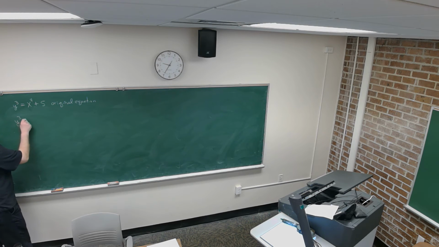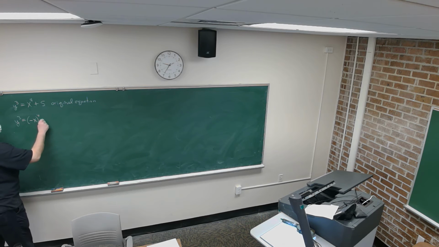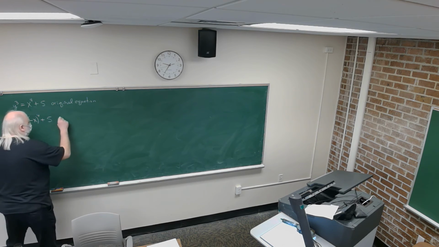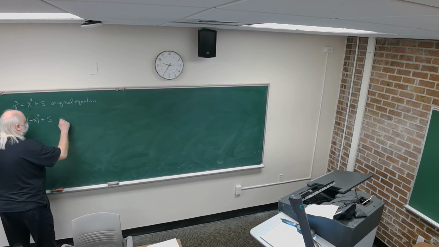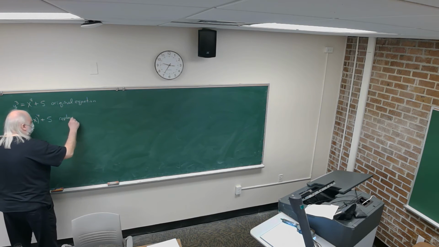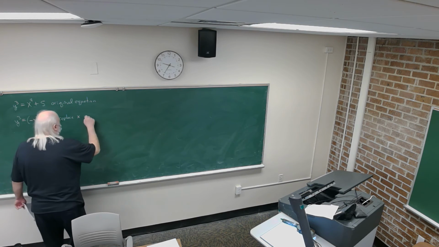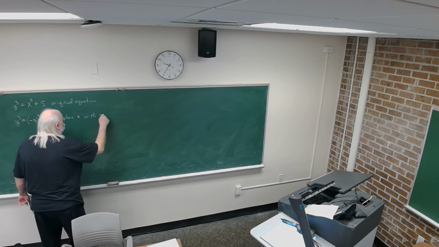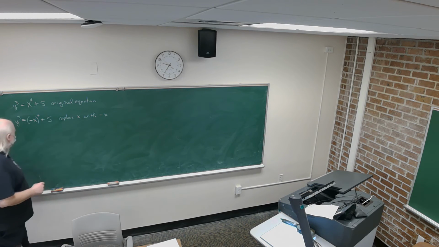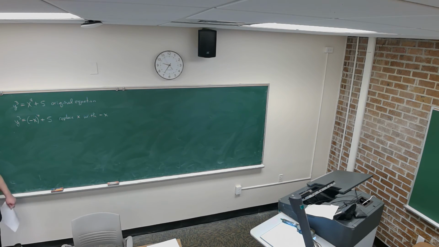So y cubed is equal to (-x) to the 4th plus 5. And now we've got to simplify. And after we simplify, if we end up with the original equation, then we know the graph of this equation will have y-axis symmetry.